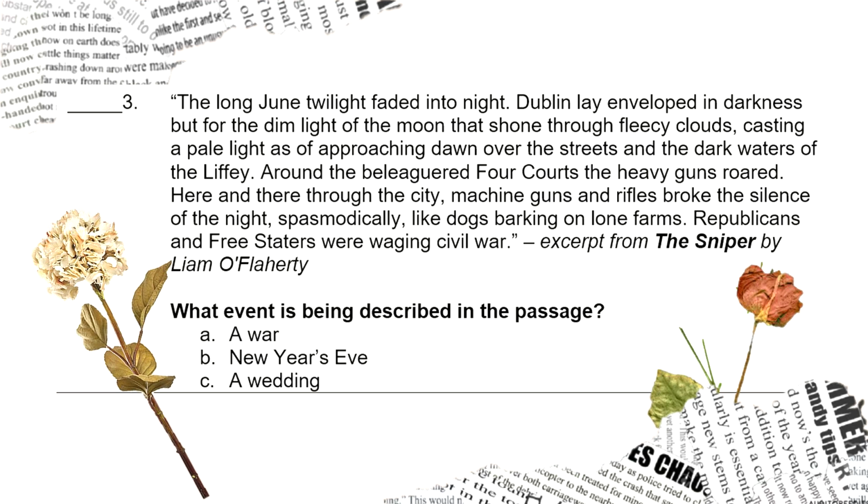Here and there through the city, machine guns and rifles broke the silence of the night, spasmodically like dogs barking on lone farms. Republicans and Free Staters were waging civil war. This is from The Sniper by Liam O'Flaherty. What event is being described in the passage? A. A war. B. New Year's Eve. C. A wedding.